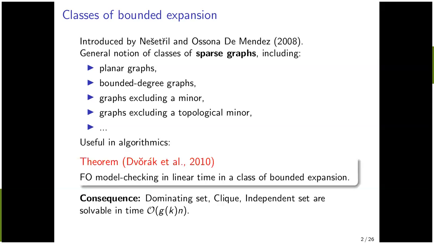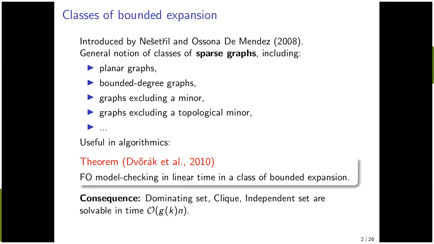Okay. This is a notion which is quite useful in algorithmics, and a lot of problems that are hard in general become easy when we are restricted to a class of bounded expansion. I just mention this theorem by Dvořák, Kráľ and Thomas, which says that first-order model checking is tractable in a class of bounded expansion, in linear time.